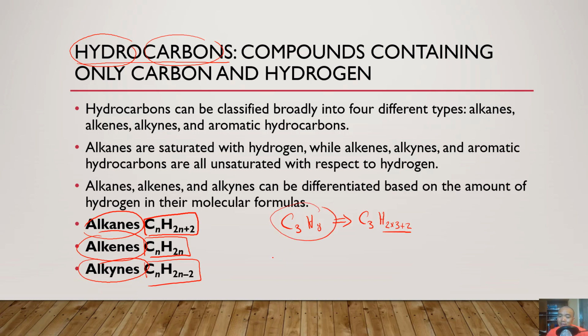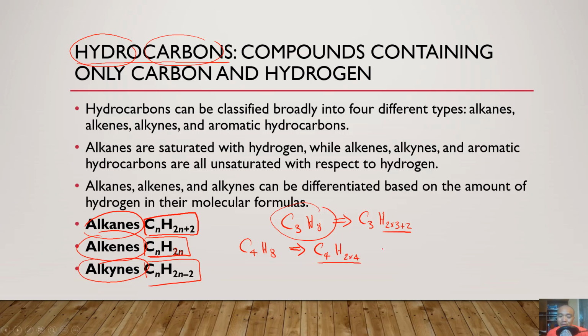For an alkene, if it's unbranched, you would have CₙH₂ₙ, H with 2n hydrogens. So for example, C₄H₈, and this can be written as C₄H₂ times 4.